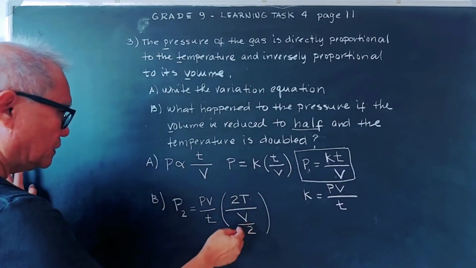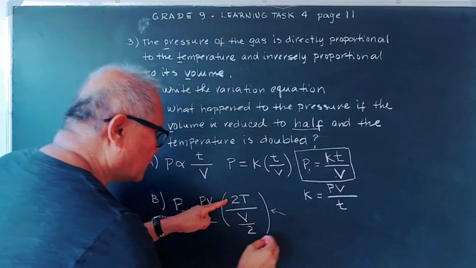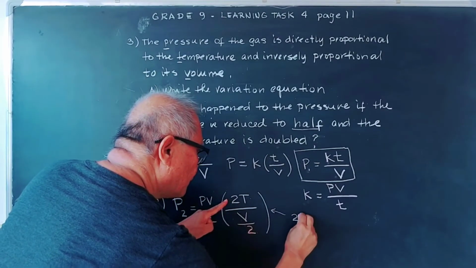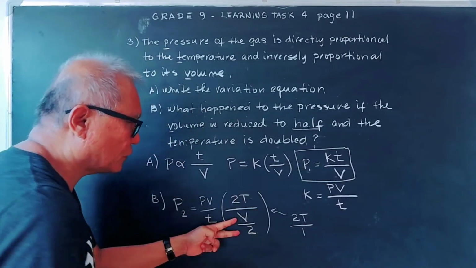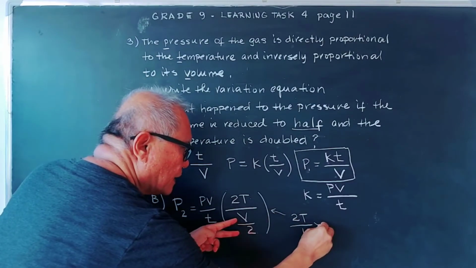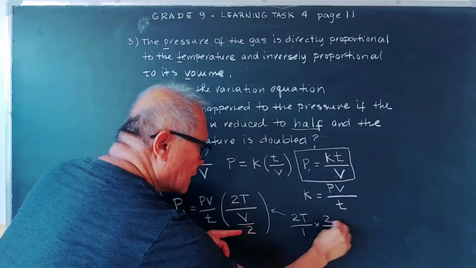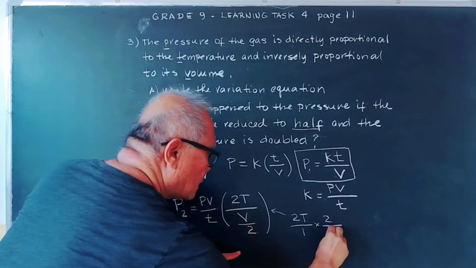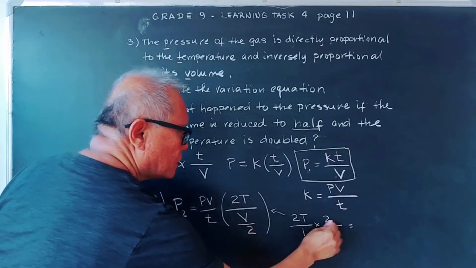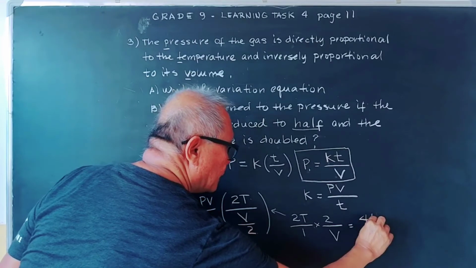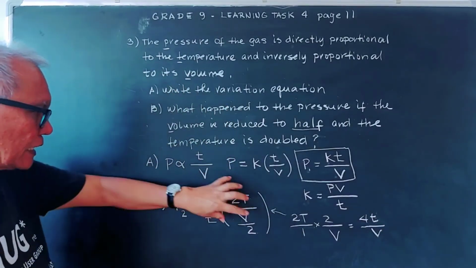Okay. Ngayon, sulat natin ito. Paano tayo mag-define ng fraction? 2T over 1 and then V over 2. Division. So, magiging times dito. Yung 2 pupunta sa itaas. Yung V bababa. 2T times 2. So, siya ay 4T over V na. So, yun ilalagay natin dito.